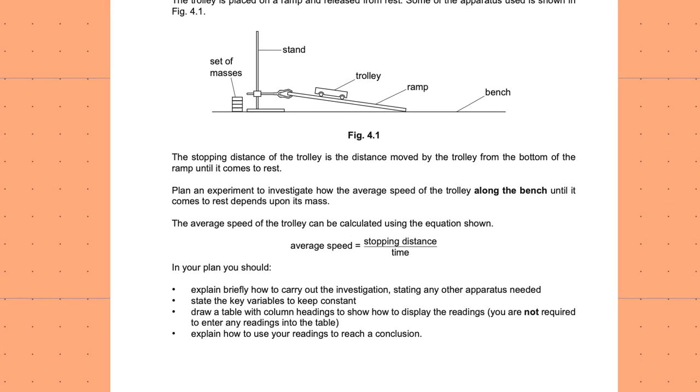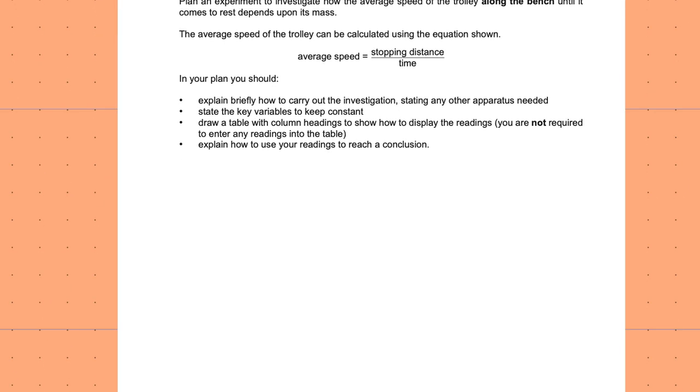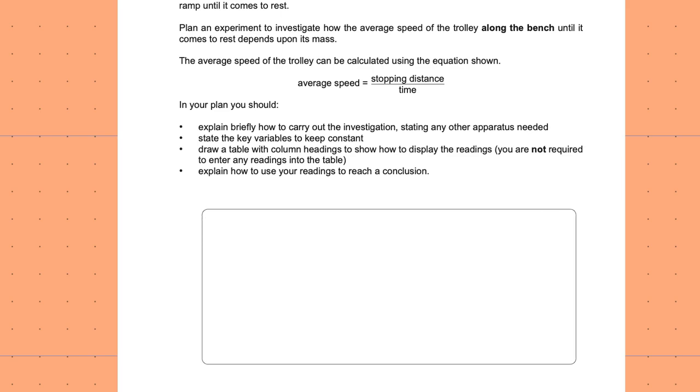Alright, this is done. Draw a table with column headings to show how to display the readings. You are not required to enter any readings. So here the readings are slightly more than you have in the normal experiments, so you just need to talk about these a bit. Nothing special otherwise.